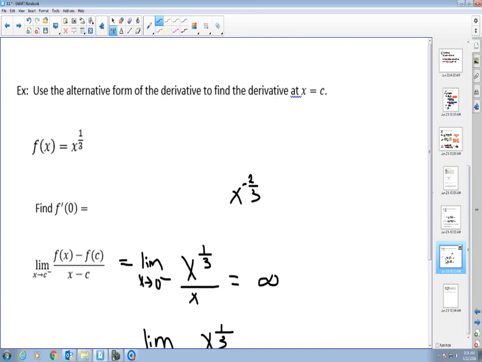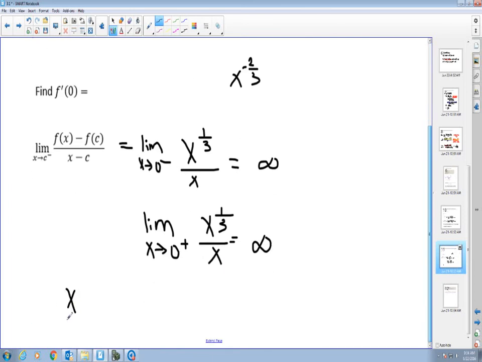Therefore, there's a vertical tangent line. So what that tells us is there is a vertical tangent line at x equal to 0. Therefore, if there's a vertical tangent line, that means my f is not differentiable at that particular point 0. Not differentiable.